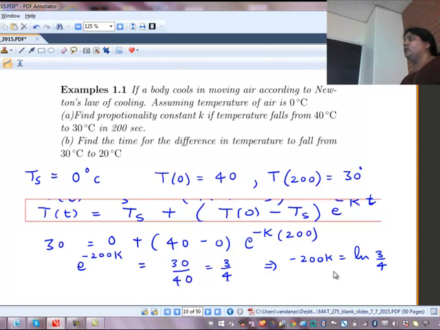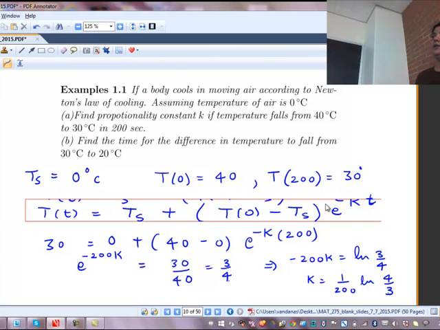And then you can further simplify this value of k, which will be nothing but, you can write it as 1 over 200 ln of 4 over 3. I changed the sign here, that's how I got rid of the minus sign, because k eventually has to be positive the way we set up this model.